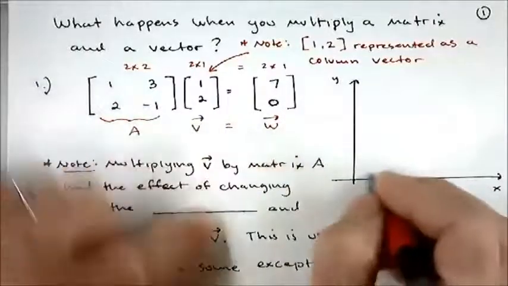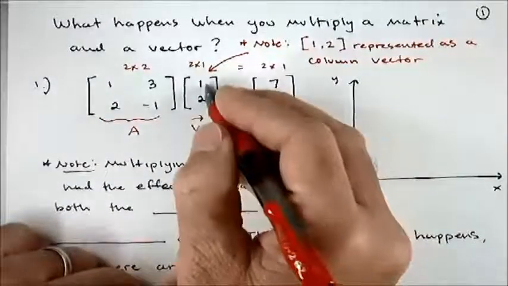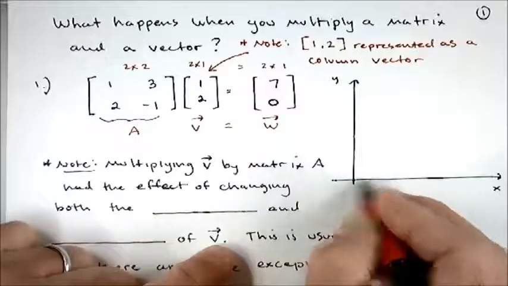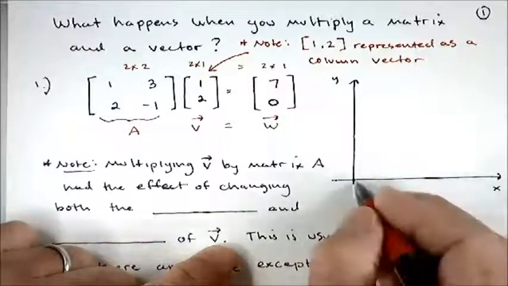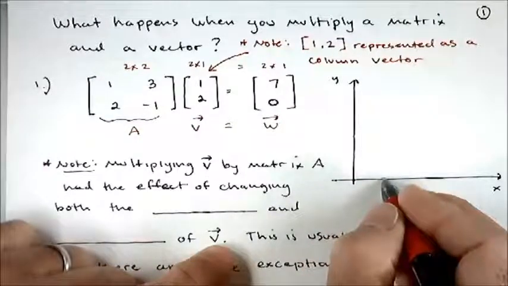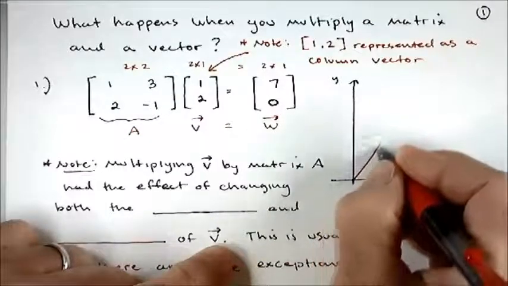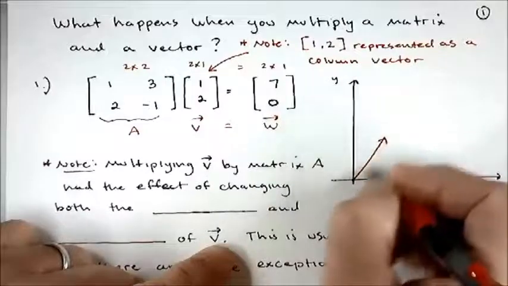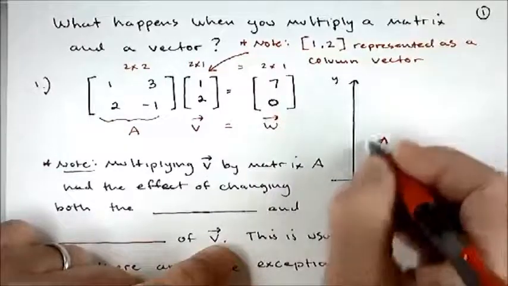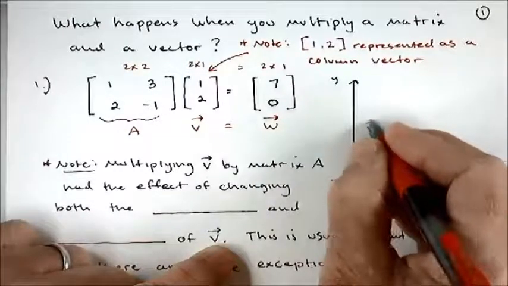So let's plot. I left some axes here. The vector v, 1, 2, I could denote that. I'm not going to draw the little hash marks, but you can imagine that means go over 1, up 2. So that vector v might look something like this. There's vector v.